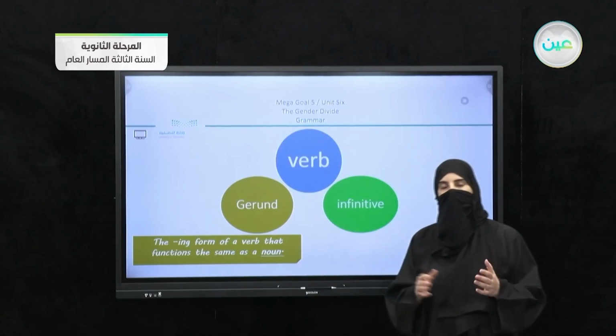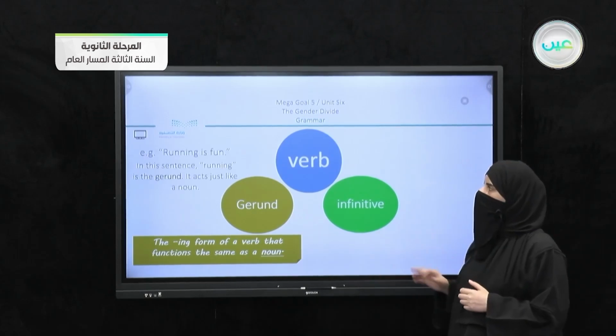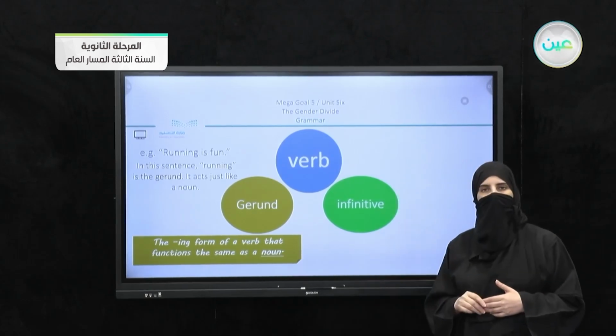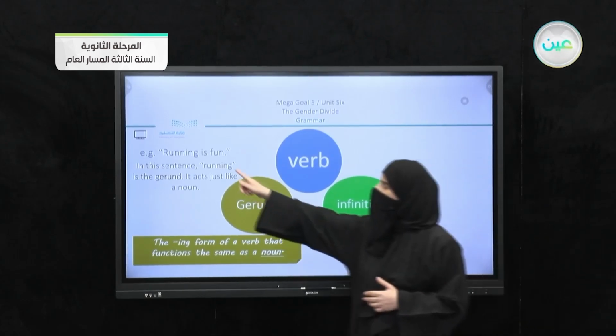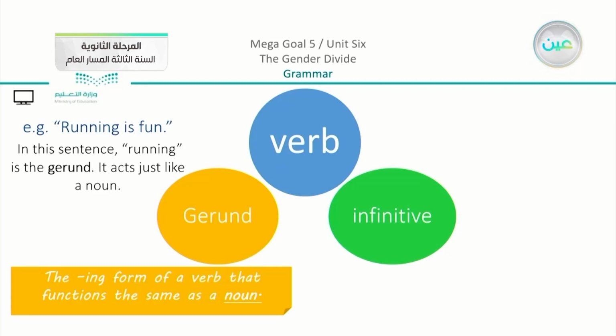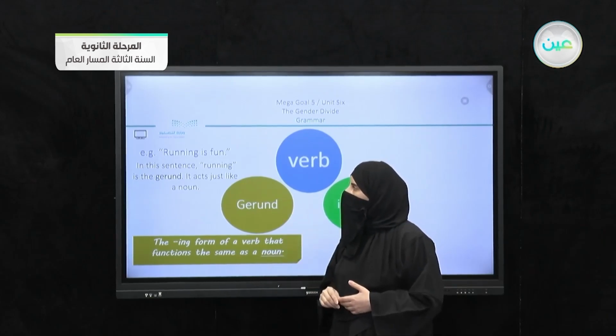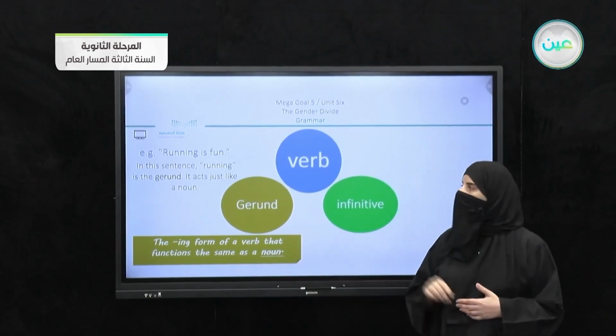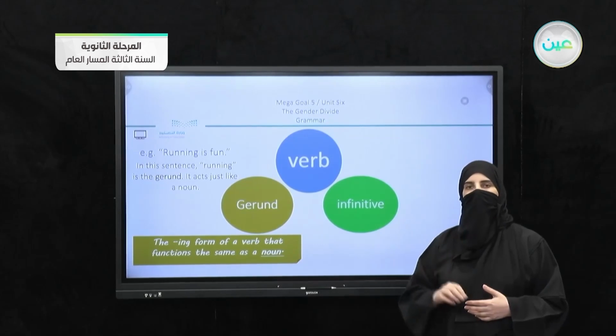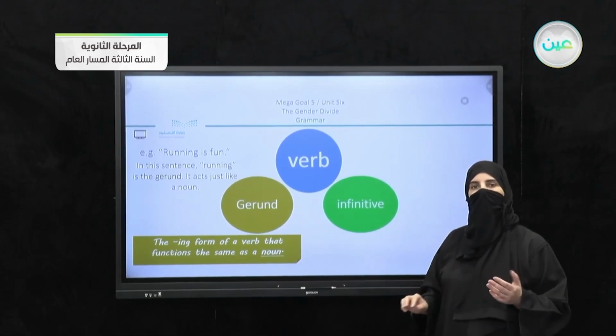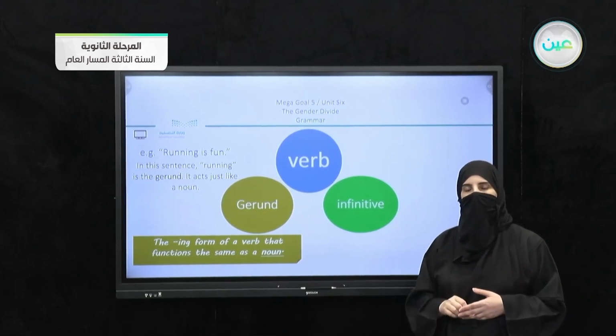It looks like a verb, but actually it is a noun. We have an example here: running is fun. Running here is a noun, although it looks like a verb. So in this sentence, running is the gerund. It acts just like a noun. So it is not a verb, it acts like a noun. This is why we call it a gerund.